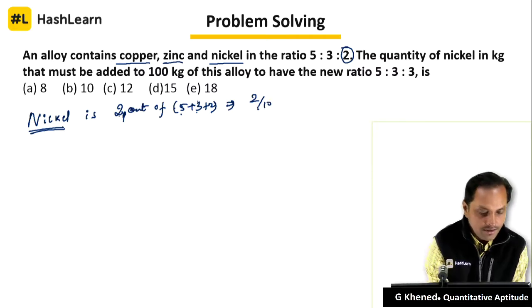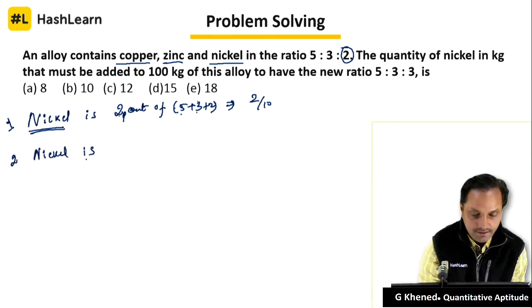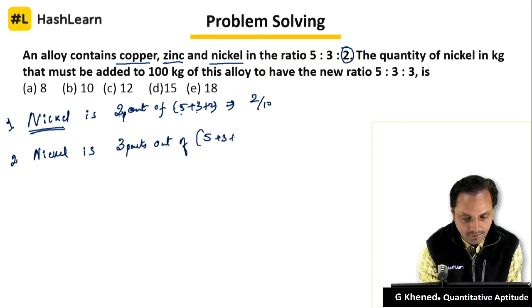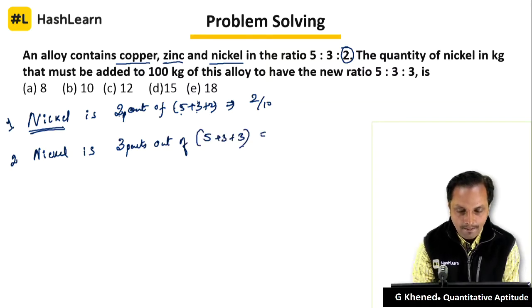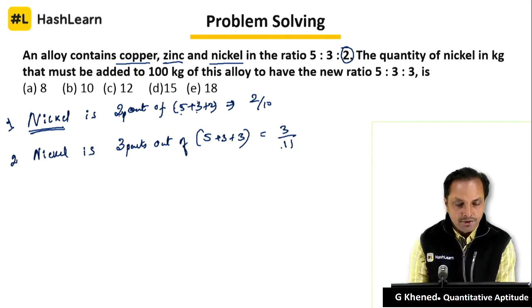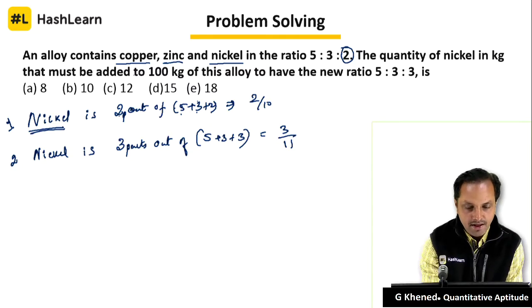Okay. So this is your first case. In the second case, your nickel is 3 parts out of 5 plus 3 plus 3. How much will that give you? 3 by 11. So what was the quantity of nickel that must be added to 100 kg?